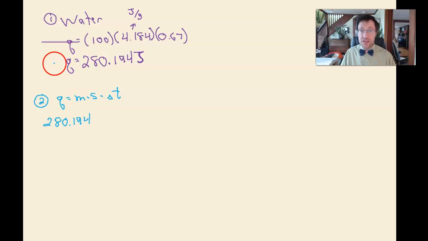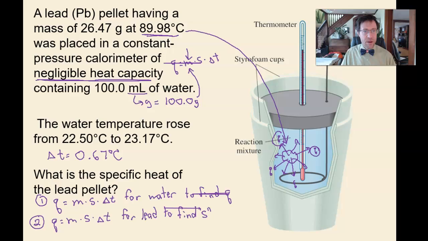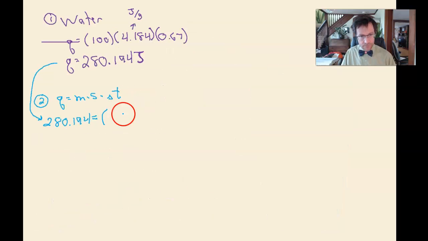Because the amount of energy that came out of the lead is the amount of energy that went into the water. S is what we're finding for the Pb.